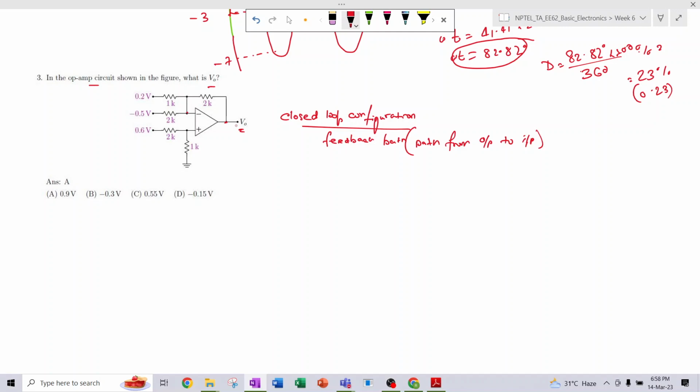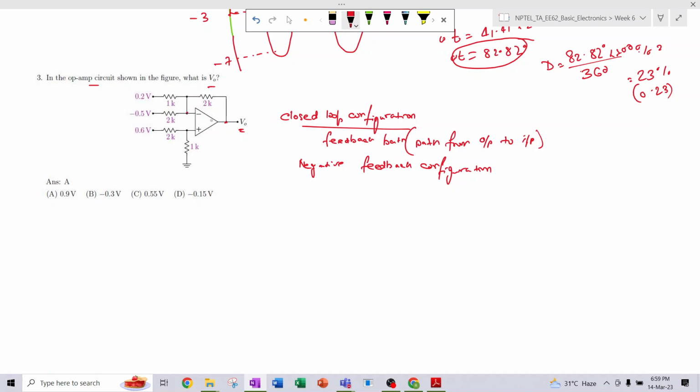So now how will we do this? Here it is a negative feedback. Why is it a negative feedback configuration?